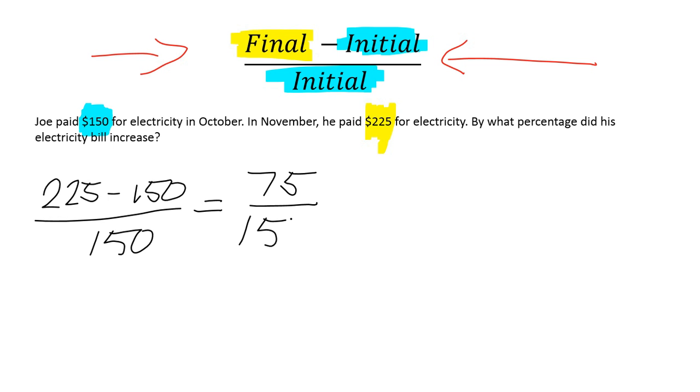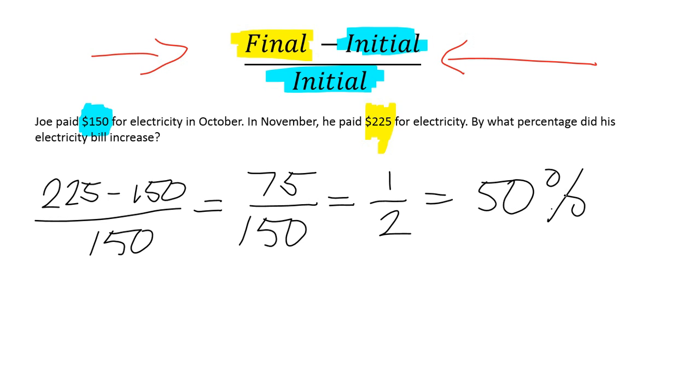My 150 is still in the bottom. I can reduce that, that's the same thing as 1/2. So I have 50% as my answer. Notice my answer here didn't come up negative, but that is because I had an increase. An increase gave me a positive answer.